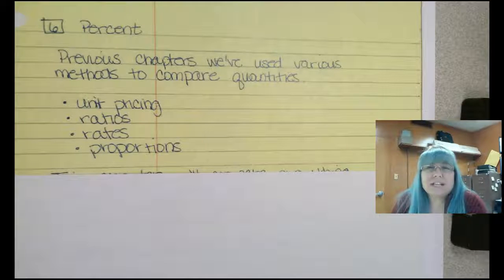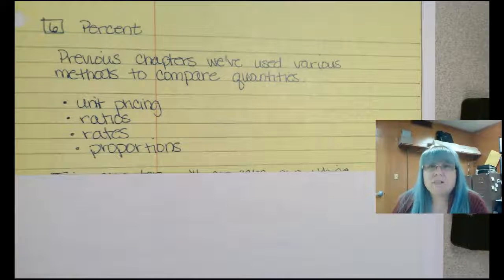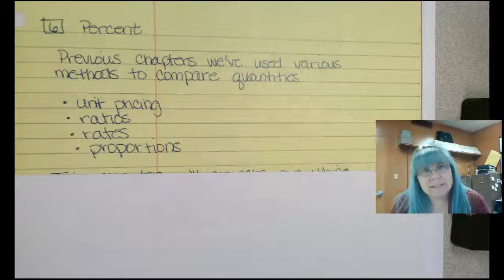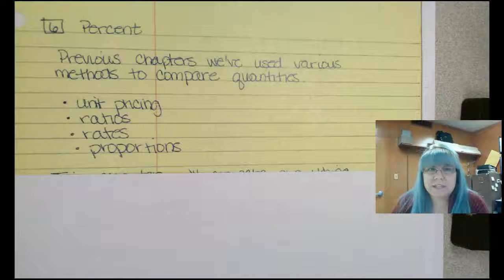In previous lectures, we chatted about unit pricing, ratios, rates, and proportions. All of those were comparison. We were comparing, for unit pricing, the price of the item versus how many units were in it.